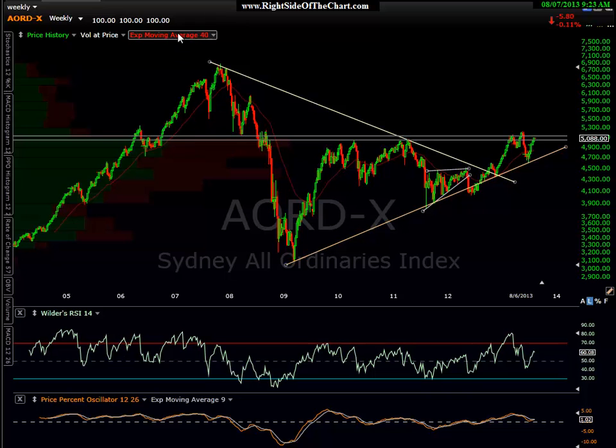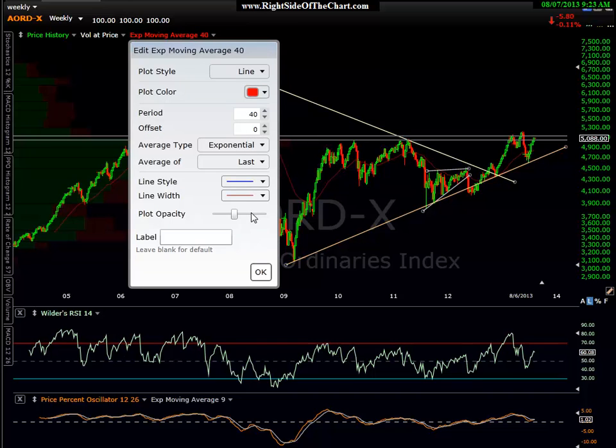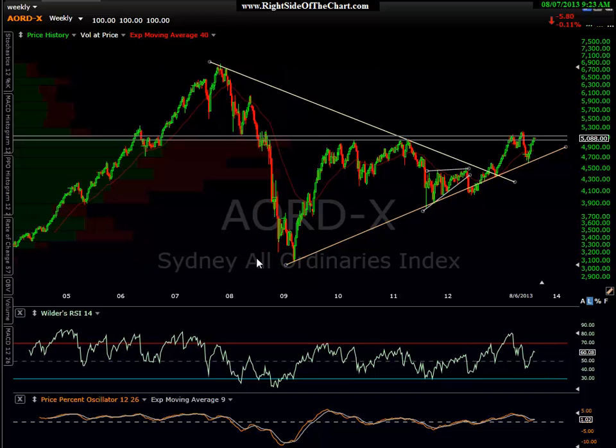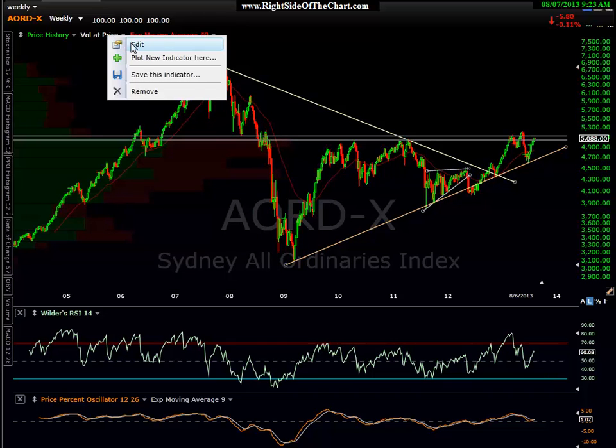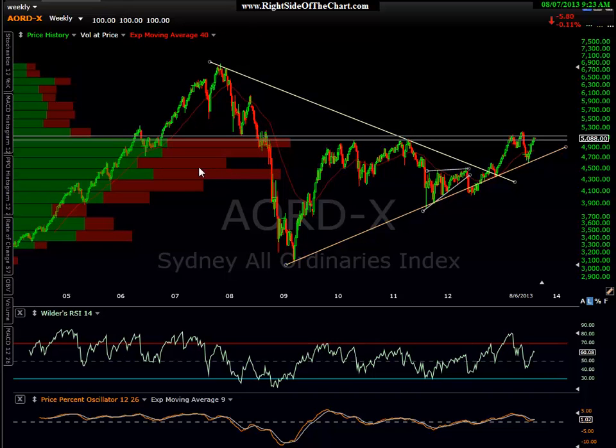Now, most importantly is where we're at today. The Australian markets lagged quite a bit. This is what I want to highlight here, so take a look at this histogram. As you can see from the volume at price histogram, in the last decade or so, most of the trading has occurred below this resistance zone, these two horizontal lines.